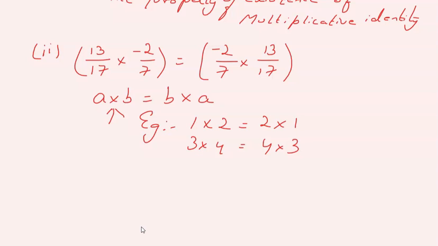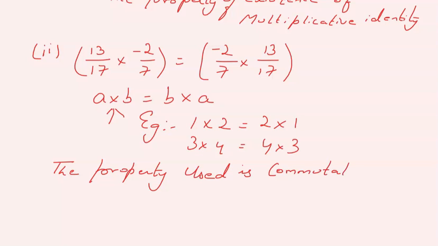So 13 by 17 into minus 2 by 7 is equal to minus 2 by 7 into 13 by 17. So what is the property used here? The property used here is the commutative property of multiplication.